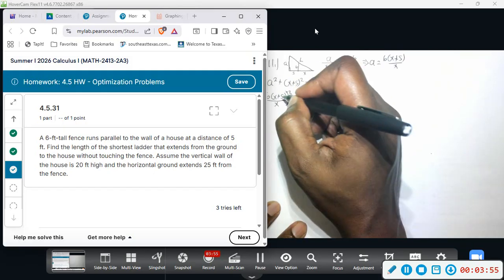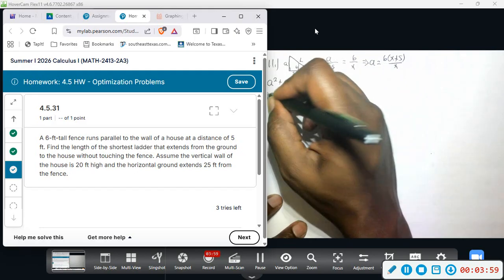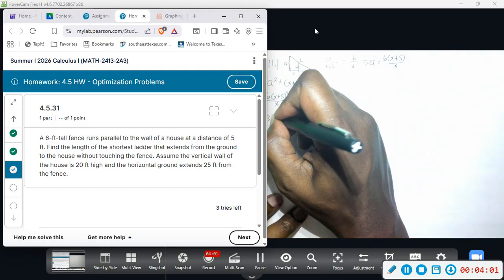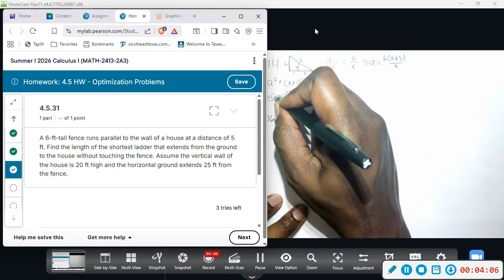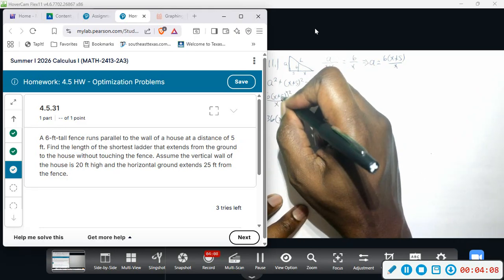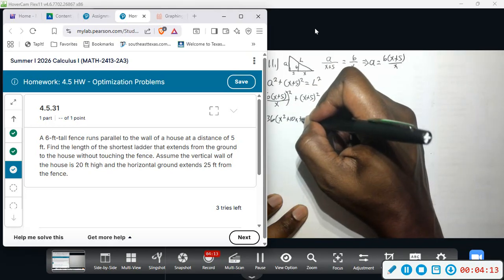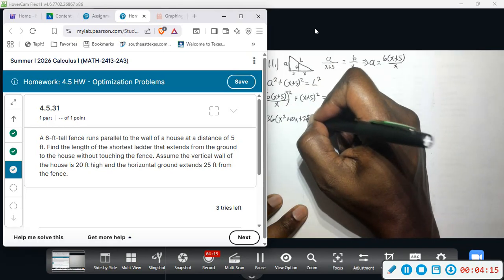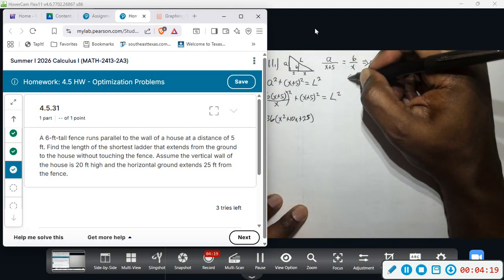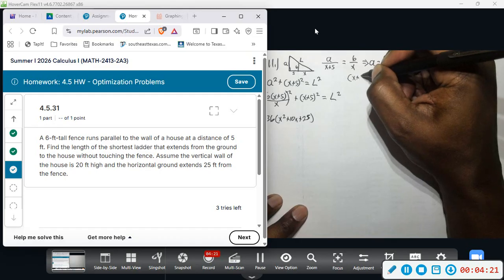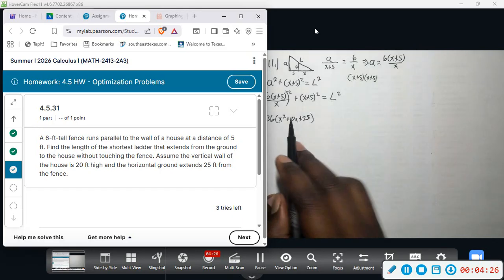All right, so we're going to simplify. I'm going to square this binomial. So 6 squared is 36, times X plus 5 squared. That's going to give me X squared plus 10X plus 25. I'm doing some mental math with the binomial formula. You can do the FOIL and you'll get this.